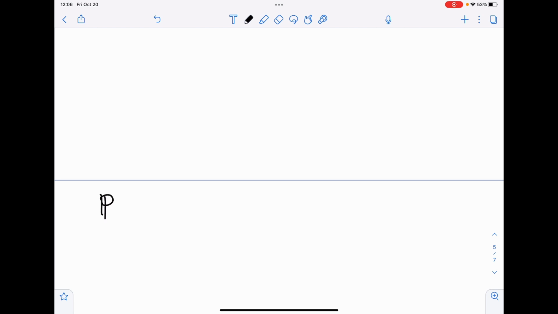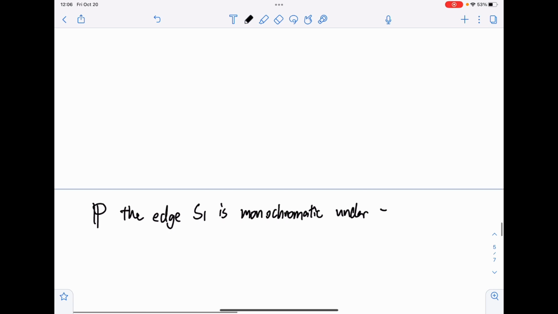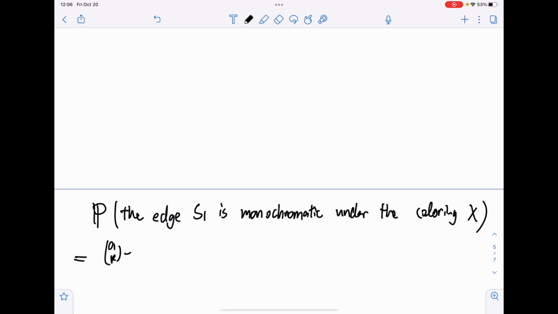The probability of edge Si being monochromatic, actually a random edge under the coloring, is A choose k plus B choose k over n choose k. This is greater than or equal to 2 times half of n choose k over n choose k.